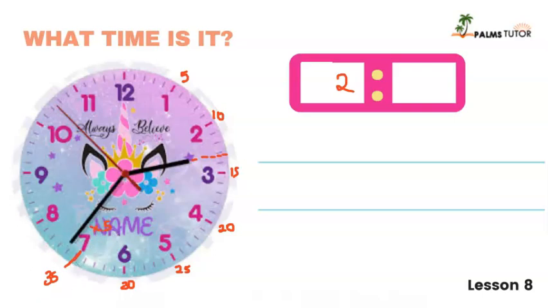But the minute hand is not on 35, is it? It's here. One minute forward. So we say this is 35, and then we count 36. So the minute hand is exactly here on 36. So this is 2:36.